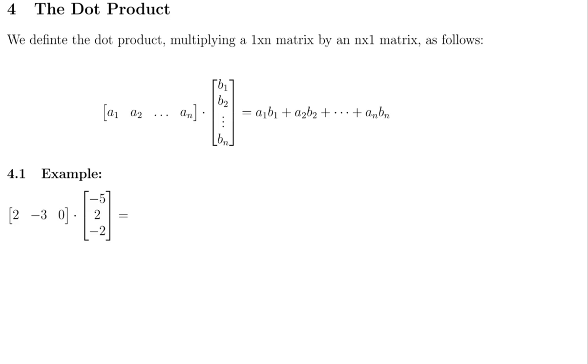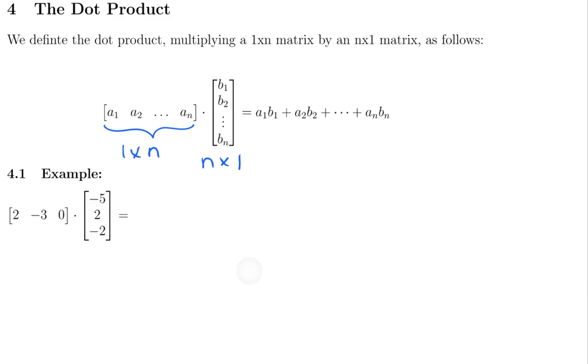Now, in order to do multiplication for matrices, the sizes of the matrices are going to have to match up in certain ways. And so the dot product is only going to work if you have a 1 by n matrix, so this row matrix is 1 by n, and then the column matrix has n rows and one column.